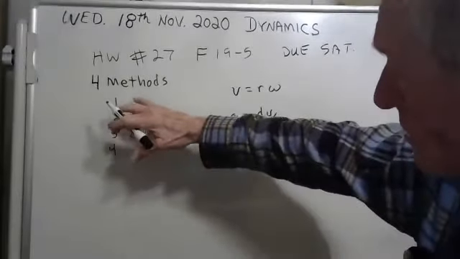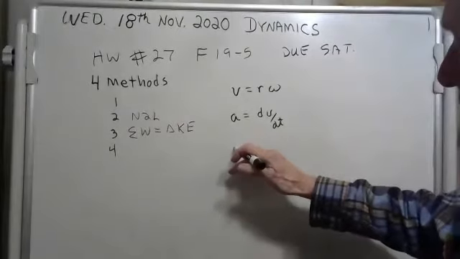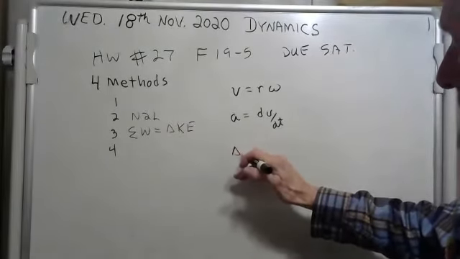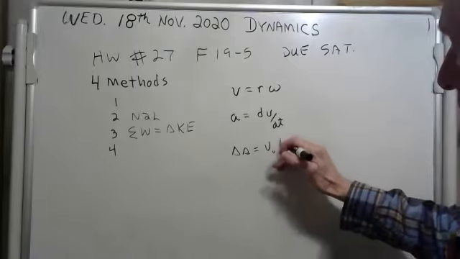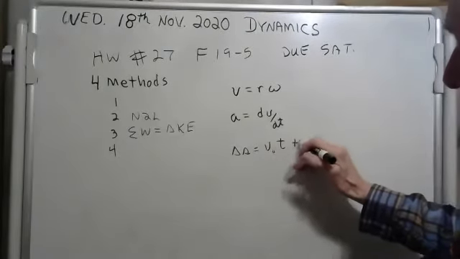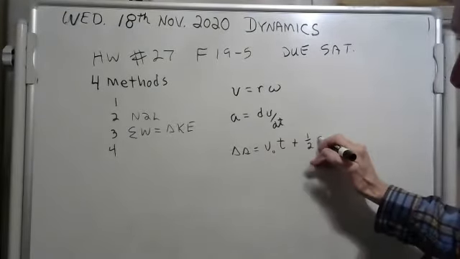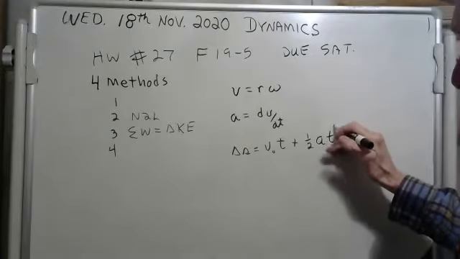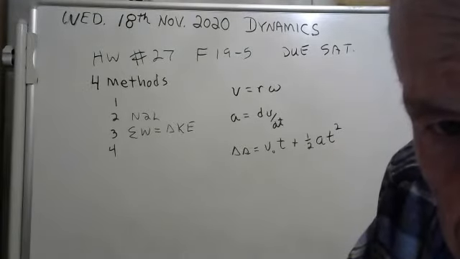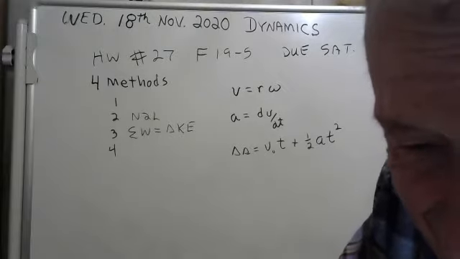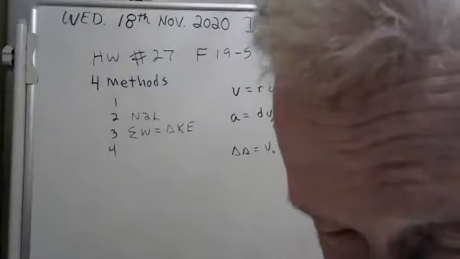What's the name of this one, with all these equations here, like this one for instance? Nicholas, what do they call that method when you use these equations? Nicholas, help. I don't know.